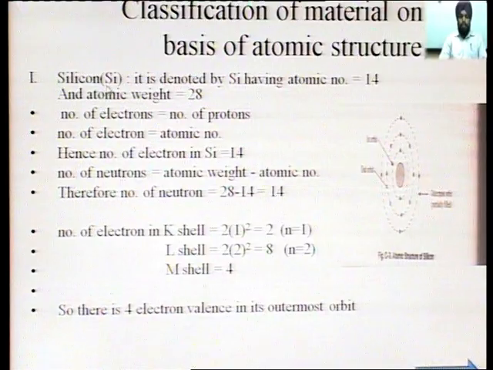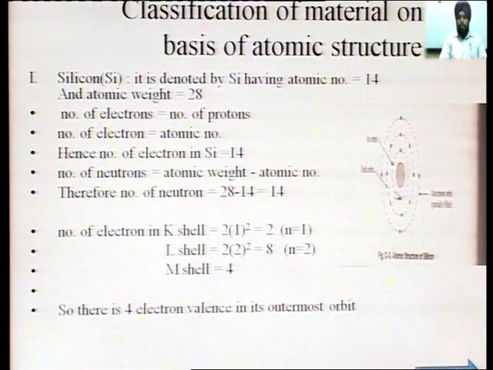The first semiconductor is silicon. It is denoted by capital S, small i, Si, having atomic number 14 and atomic weight 28. Again, the center part is the nucleus.